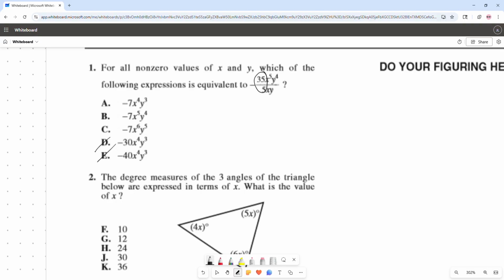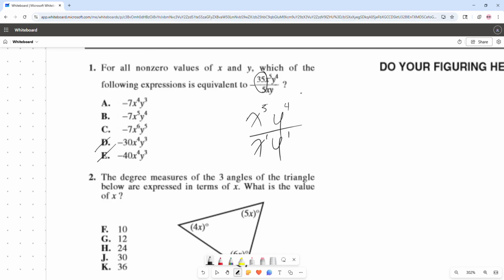Next, we have to know our exponent rules. When you divide exponents, you subtract. So in this case, you subtract the like terms. So x to the 5, y to the 4 over x, y, and the ones.